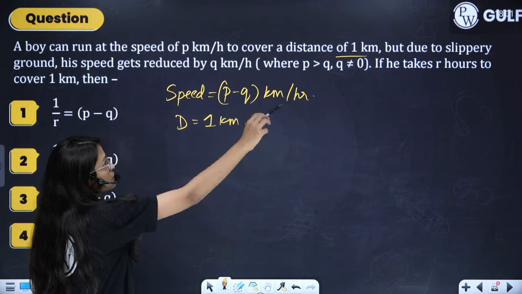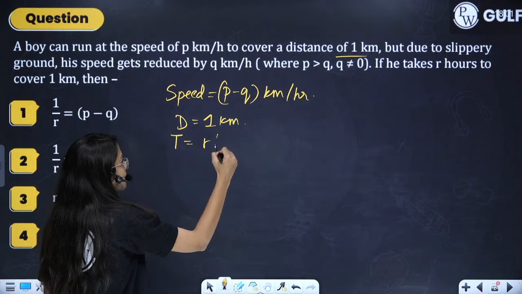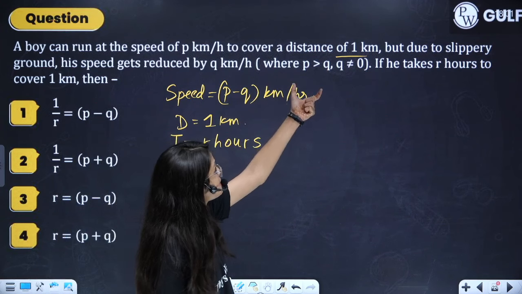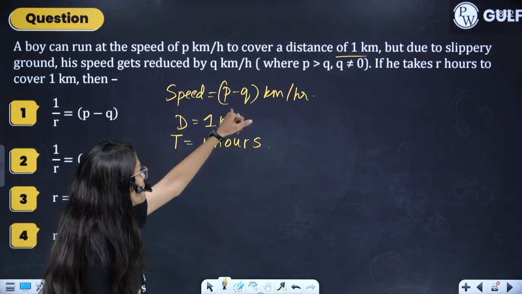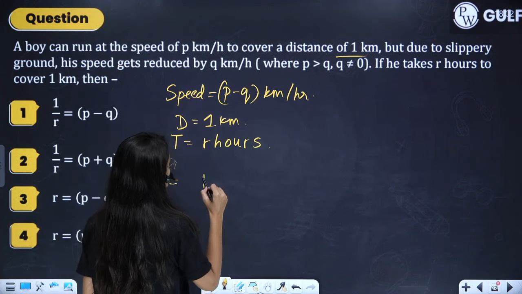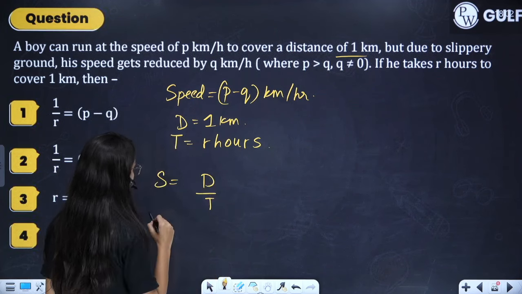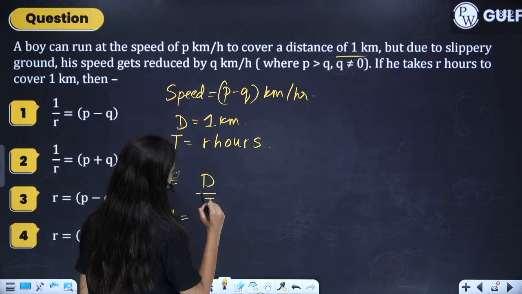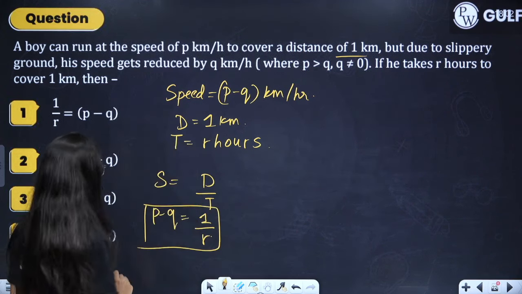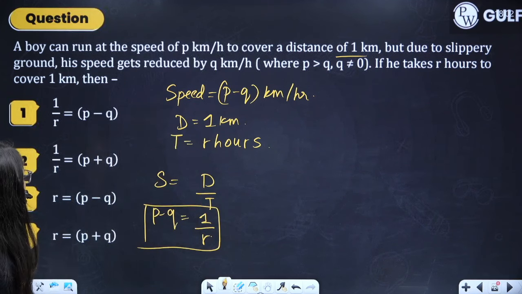So r hours to cover, that means his time is r hour. Here one condition is given where p is greater than q and q is not equal to 0, and we have applied that over here. Speed is equal to distance upon time. Speed we know is p minus q. Distance is 1. We have the relation p minus q is equal to 1 by r.